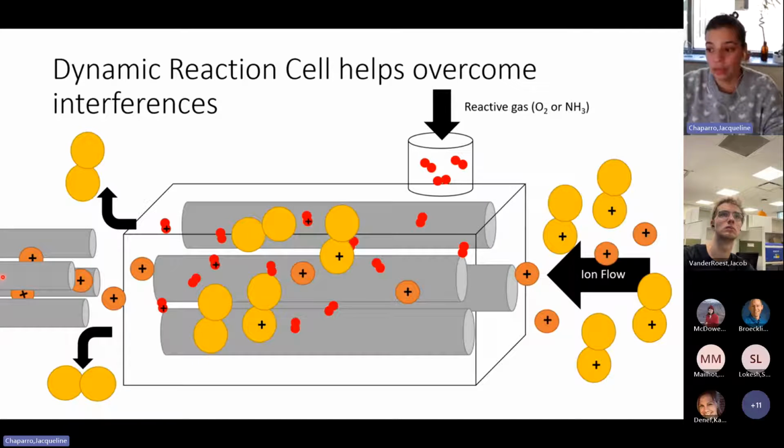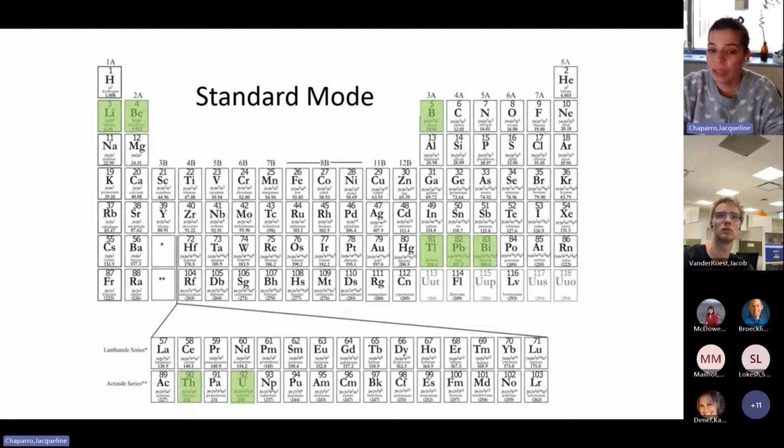And so, as I mentioned before, without using the dynamic reaction cell, you can have something called standard mode. Typically standard mode, which means no reactive cell is being activated, you can really appreciably use to measure elements of low molecular weight or even high molecular weight, because these tend not to have any of those interferences that I had indicated before.